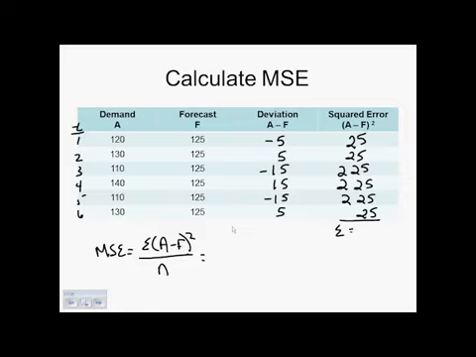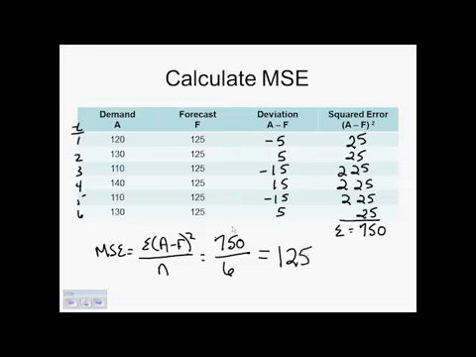Doing it quickly in my head, 4 25s is 100, and so on, with 2 25s left over, I've got 750. Always check my math. So my numerator here is 750. Again, I had 6 time periods. So my MSE is 125.